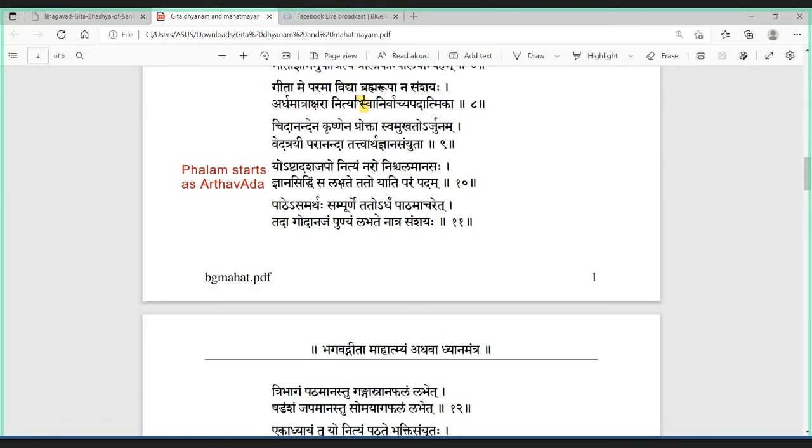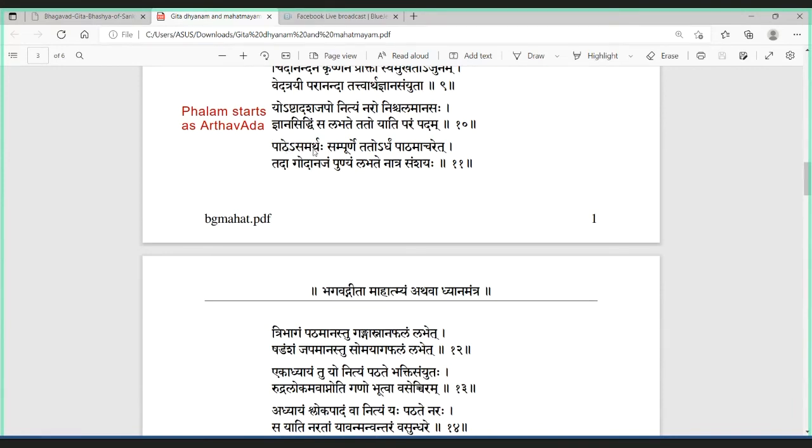Jnana siddhim salabhate. He gets the highest siddhi. He gets the siddhi of jnana. Gains it. Tataha yati parampada. And then thereafterwards, later, he gets parampadam. After death, he gets videha mukti. He gets mukt.